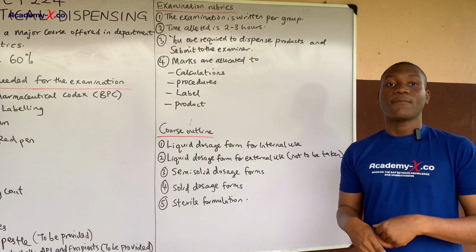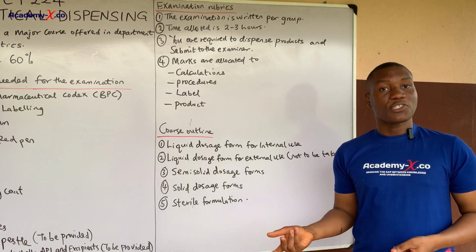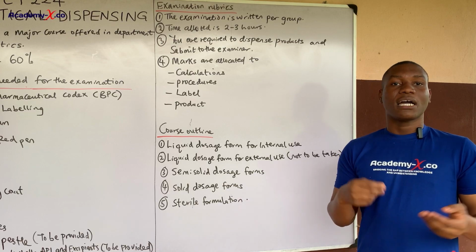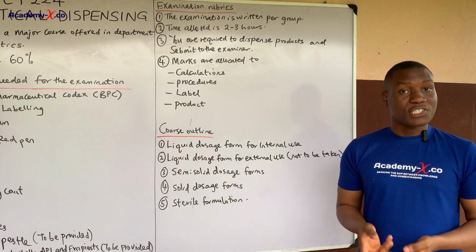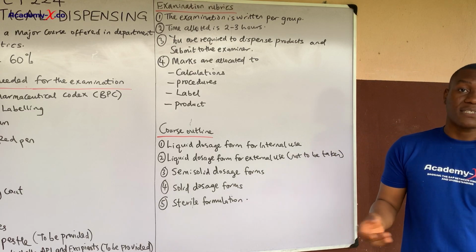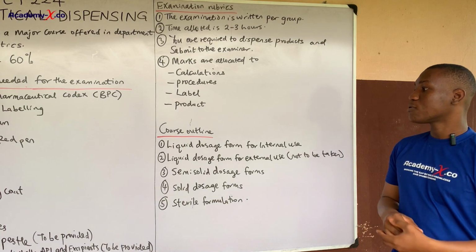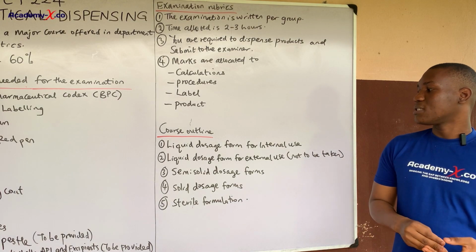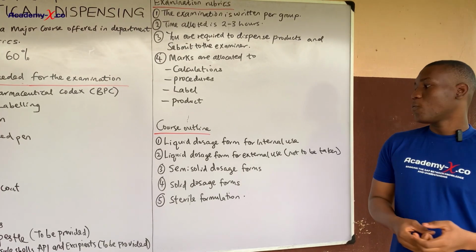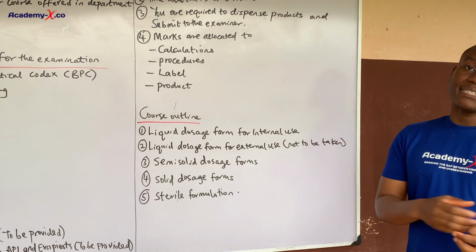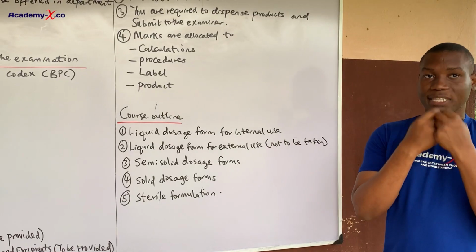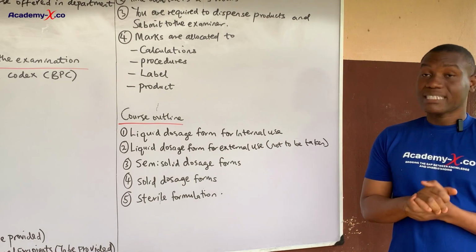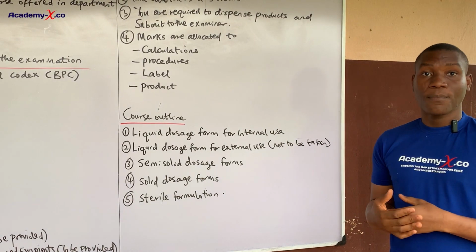Now we have the product itself, what you dispense. The product can be in the form of an emulsion, a suspension, a capsule, a powder, or a suppository. There are many of them. So there are many dosage forms you are going to dispense. This is the course outline we are going to look at. We are going to look at liquid dosage forms for internal use. We are going to look at liquid dosage forms for external use, that is, the ones you should not take in. We are going to look at semi-solid dosage forms, like ointments, pastes, creams, and the like.